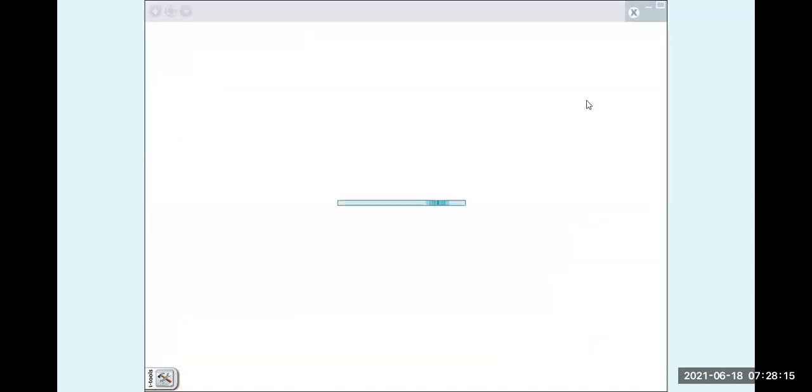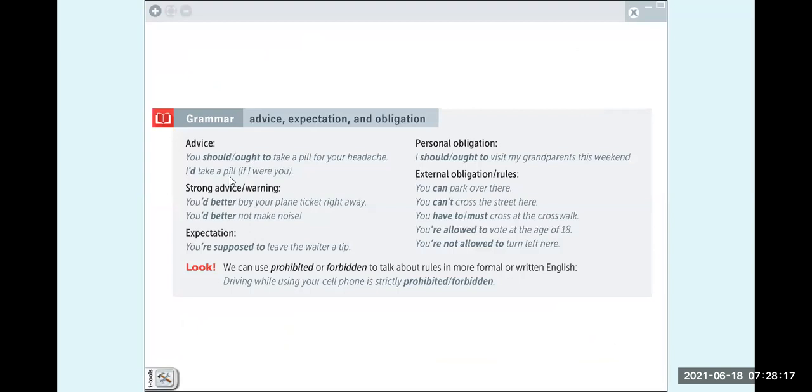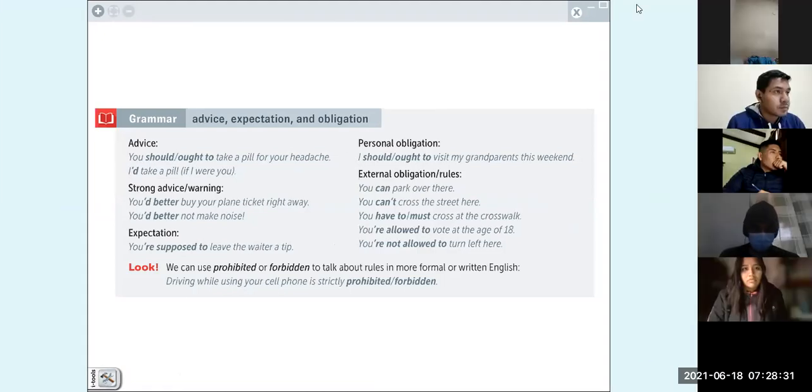Let's move to the next examples. Here we have some examples on advice, strong advice, expectation, personal obligation, and external obligations or rules, okay? For example, can you read sentence number 1, please, Luis Salazar?